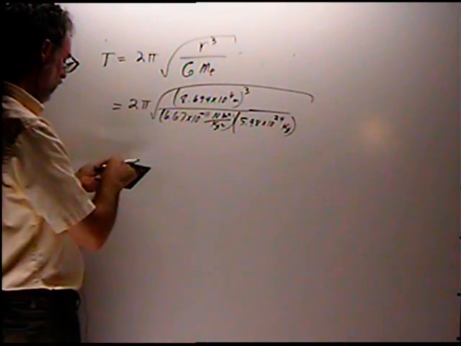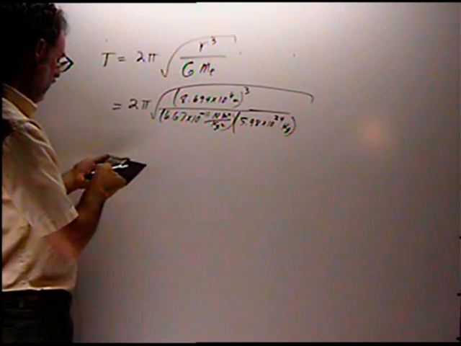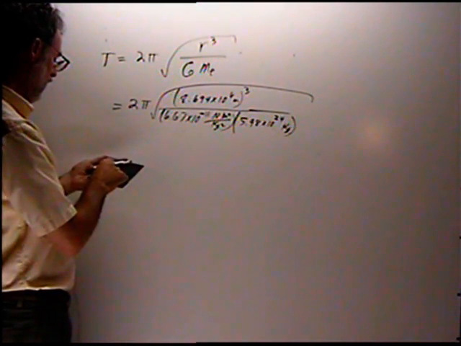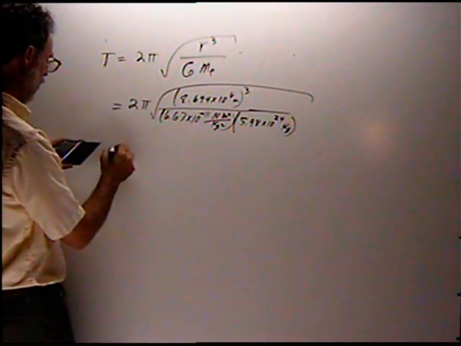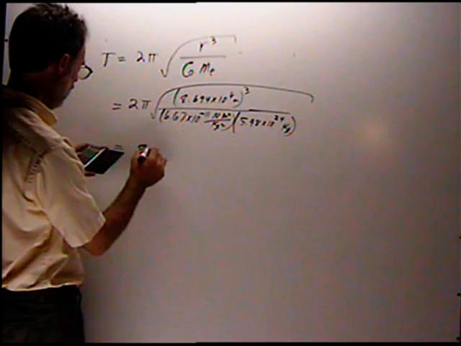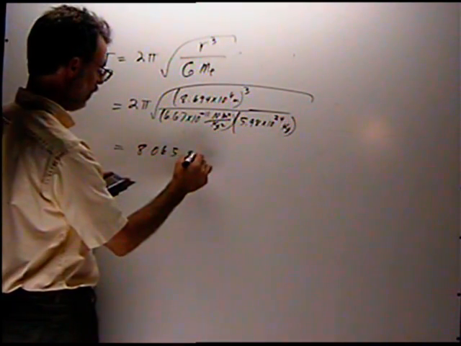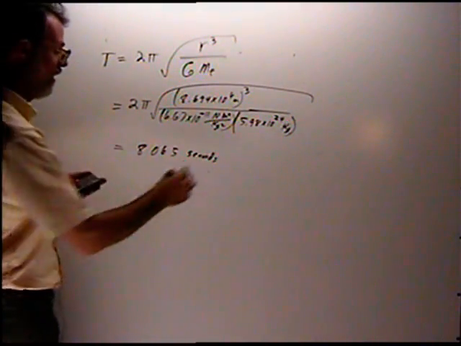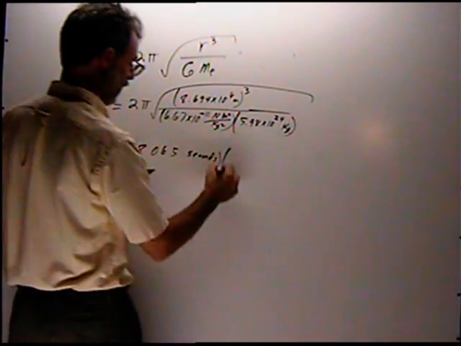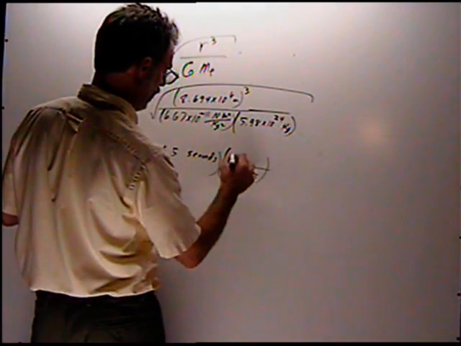Now I take the square root of that, and I multiply by 2 and pi. And I get 8.065, and the units would be seconds. Doesn't sound like too many. Let's figure this out. 60 seconds is 1 minute.